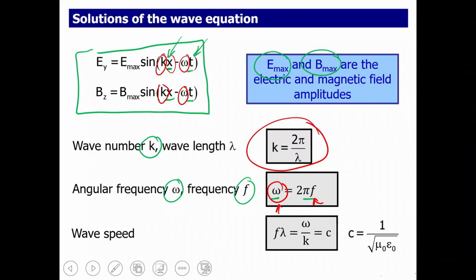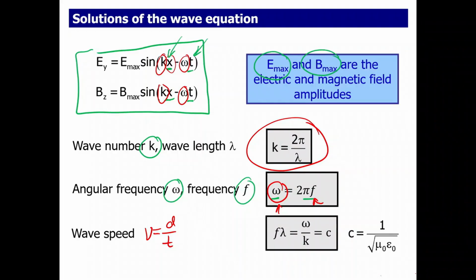Now, by definition, the speed at which the wave propagates, we would represent with a v in general, okay? And that would be distance over time, assuming that we're at a constant speed.